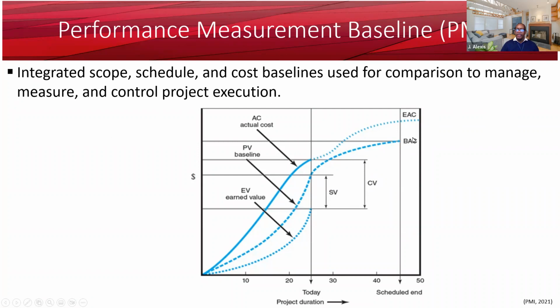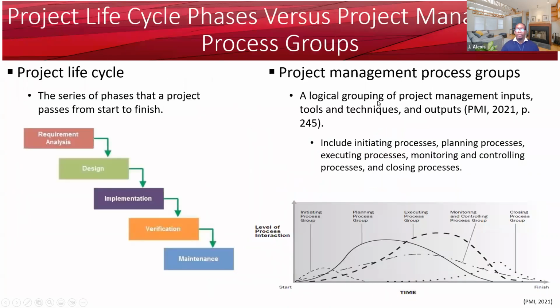So what you need to know is that the performance measurement baseline, PMB, is an integrated scope, schedule, and cost baseline that we use as a standard to measure performance in project management.